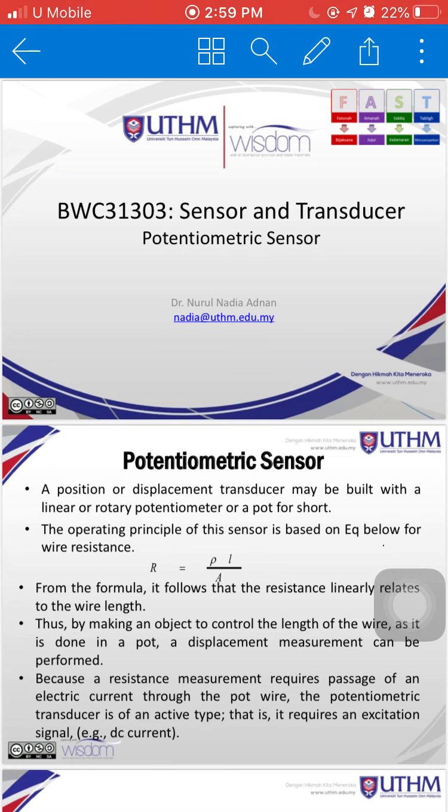Potentiometric sensor is one type of position sensor. It is inexpensive and easy to use, and that's why it is most commonly used as a position sensor.